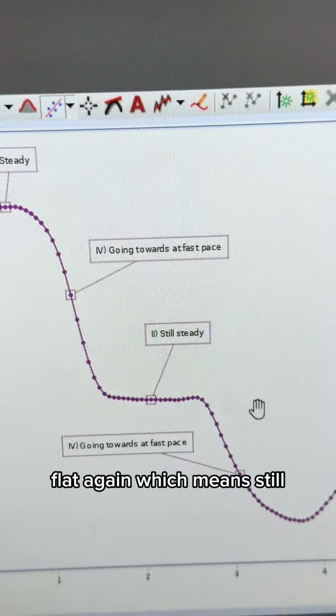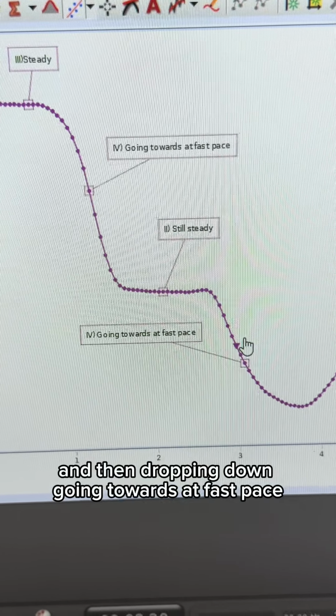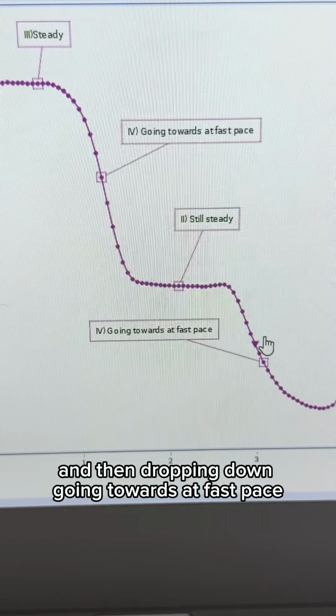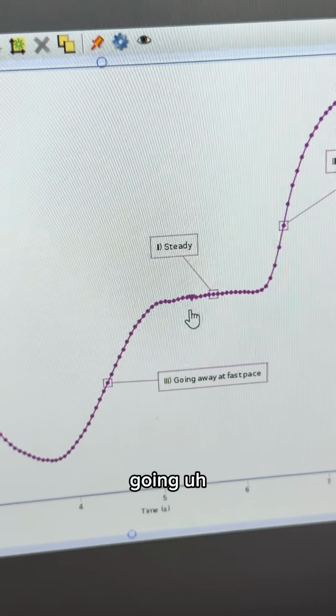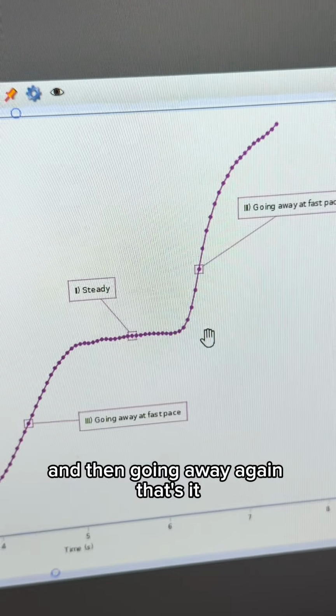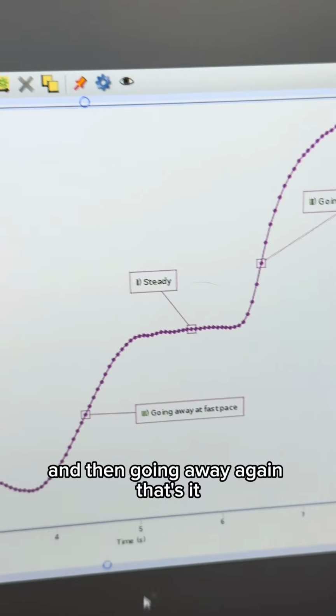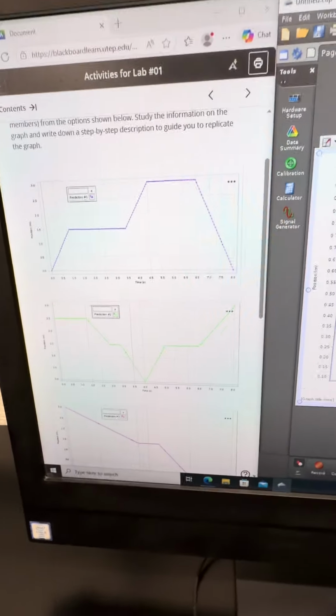Flat again, which means still. Then dropping down, going towards at a fast pace, and then going back up, going away, and then flat again, and then going away again at the end. So that would be graph 2.